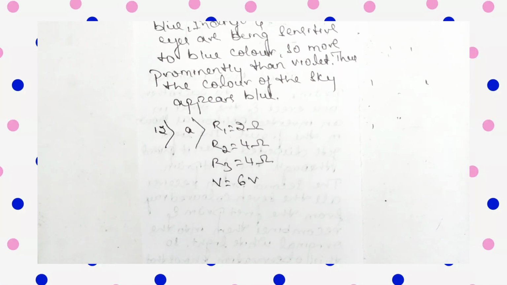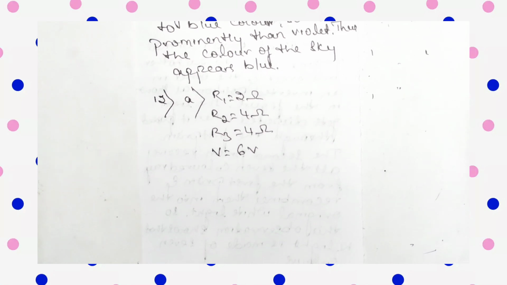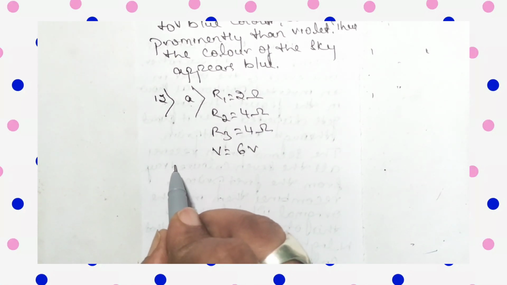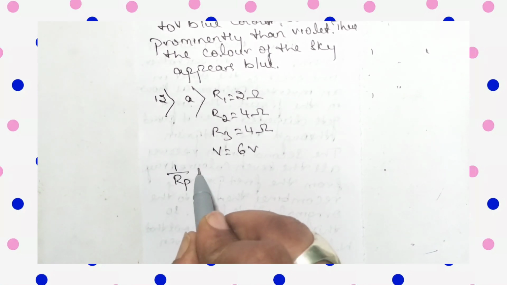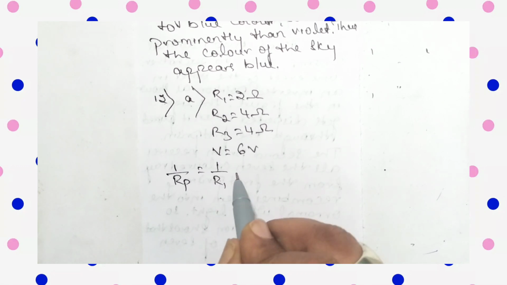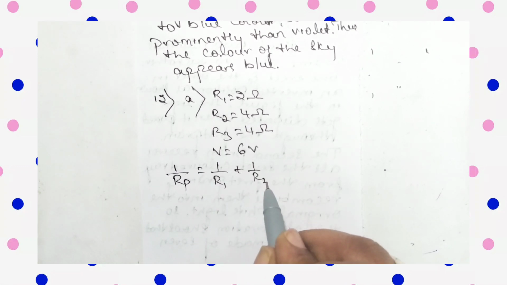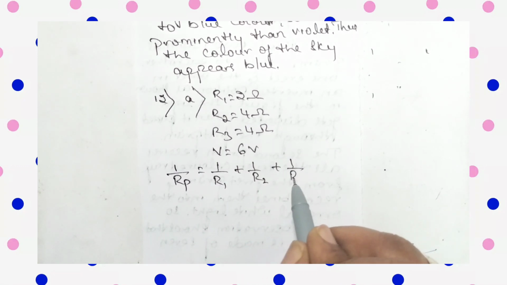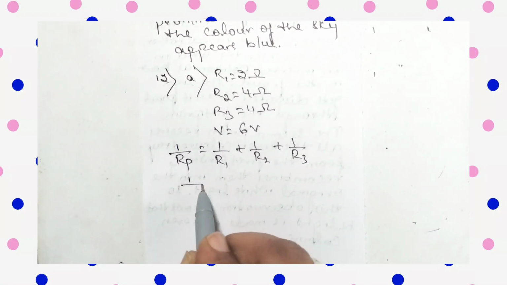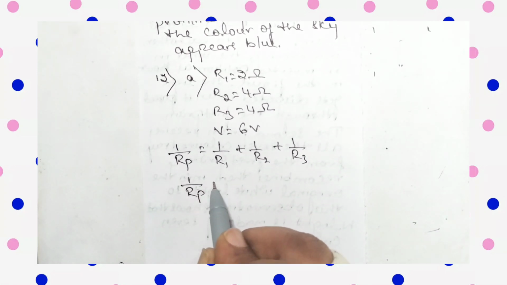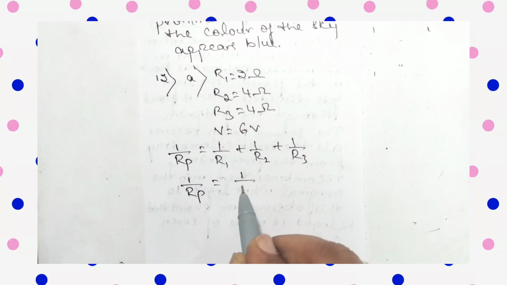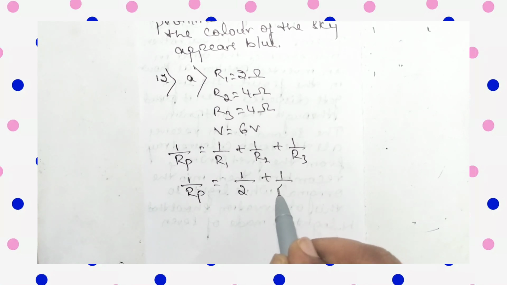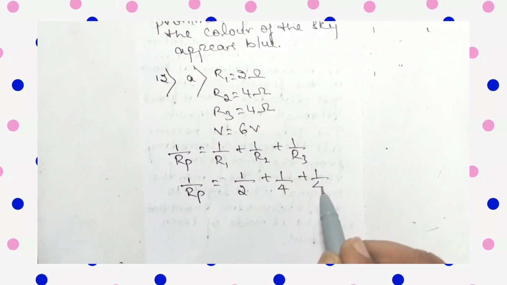So we have to find out the current, and second, find out the total resistance. So 1/Rp is equal to 1/R1 plus 1/R2 plus 1/R3. All the three are connected in parallel. 1/Rp is equal to 1/2 plus 1/4 plus 1/4.